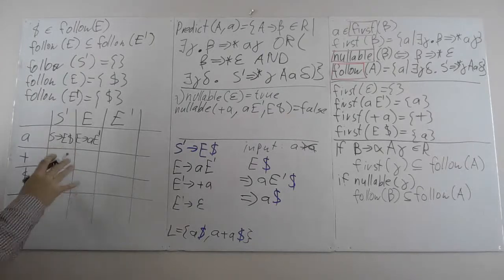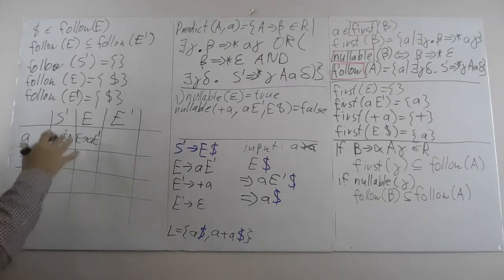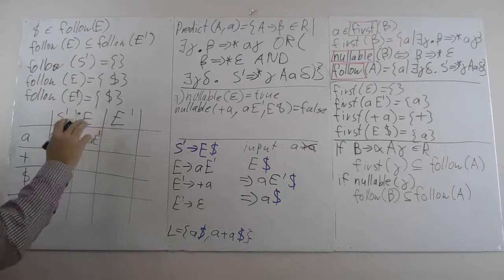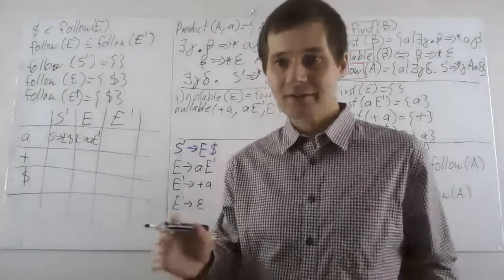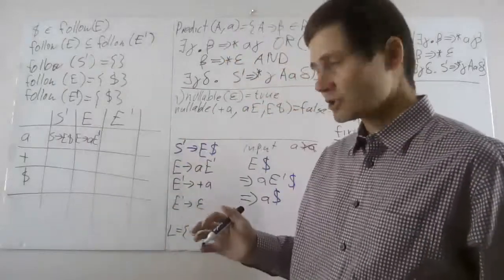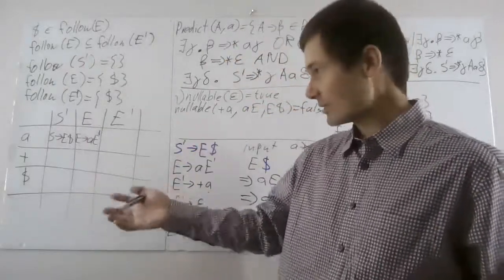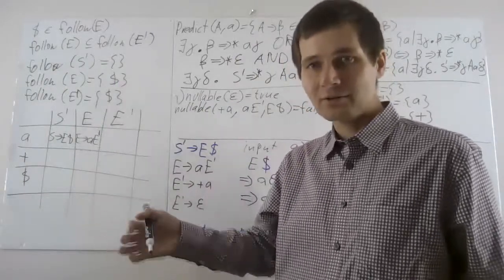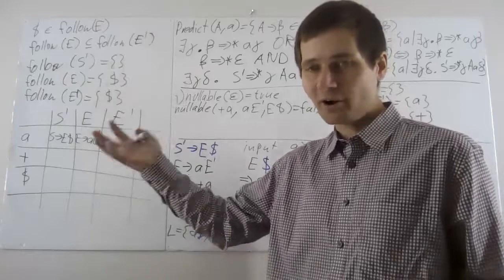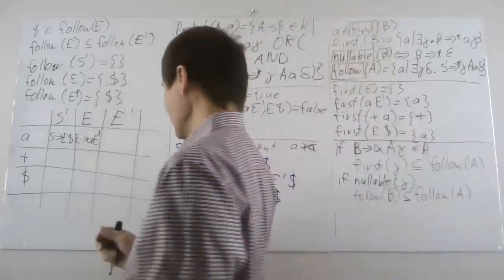So the idea is, if I ever get into a situation where I'm calling predict on, say, big E and plus, well, that's going to give an error. My predict function is not going to return any rule because none of the rules could ever lead to a successful parse. They're all going to error out immediately.